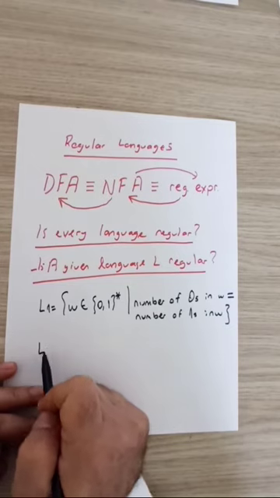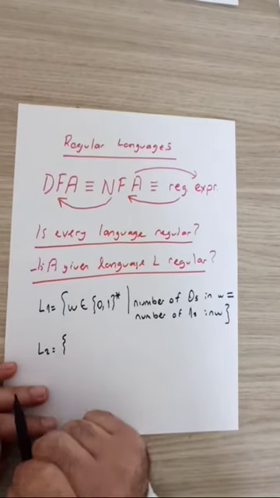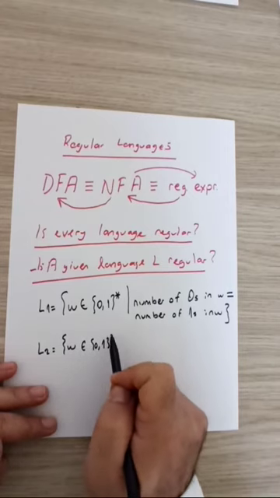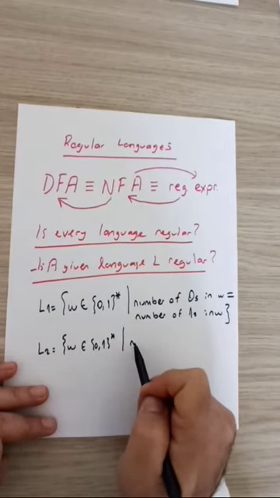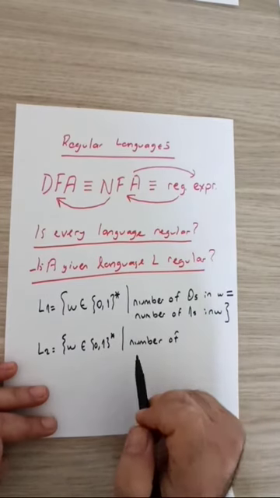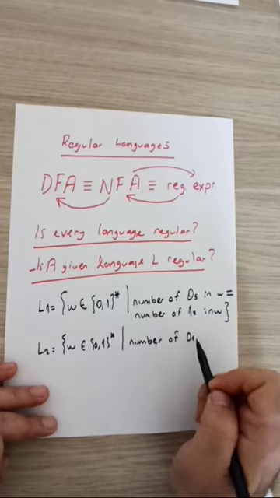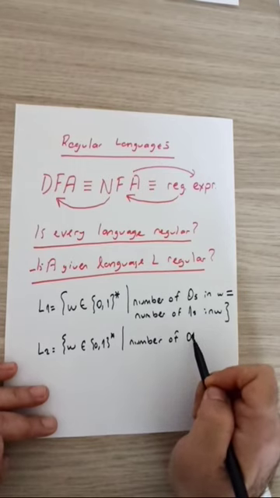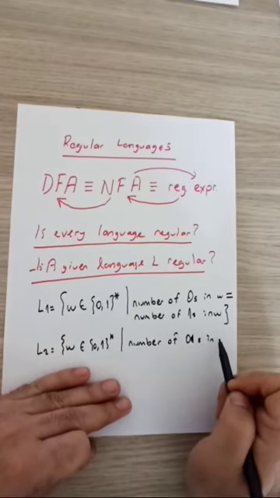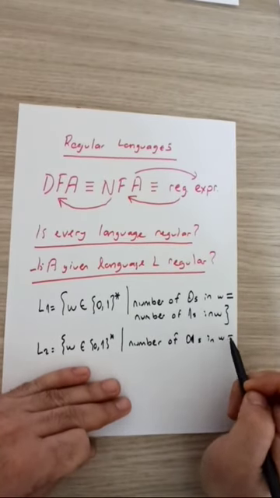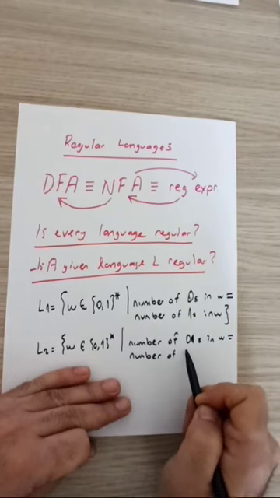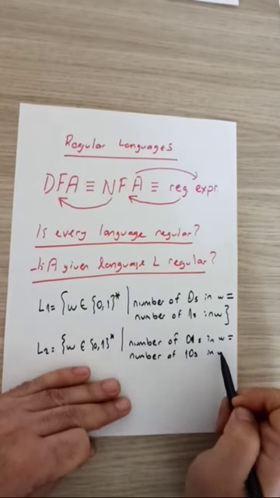Let's consider a second language, L2, which will look very similar. Again, this also consists of strings of zeros and ones, such that this time we will be checking the number of 01 substrings in string w is equal to the number of 10 substrings in w.